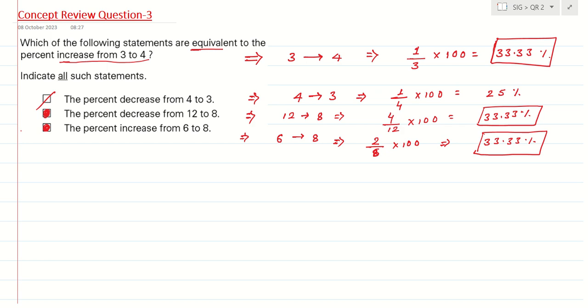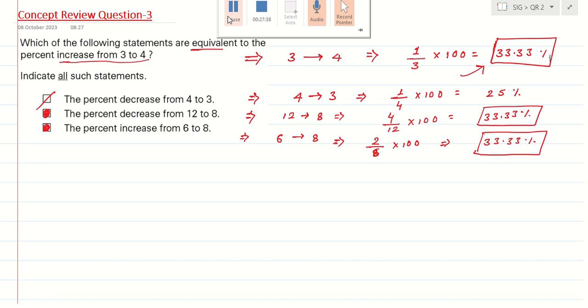Both, because maybe 12 is a multiple of 6. No, it's not like that. The question is talking about just the increment percentage. Look at the percentage value. What is the increment in the question? That is 33.33 percent. So my target is the same, right? So my answer must be B and C both.